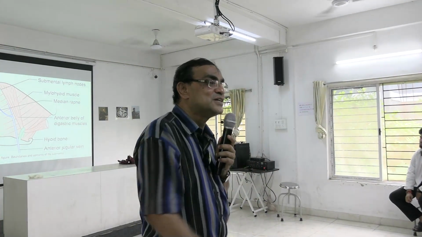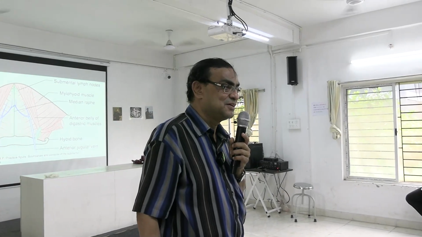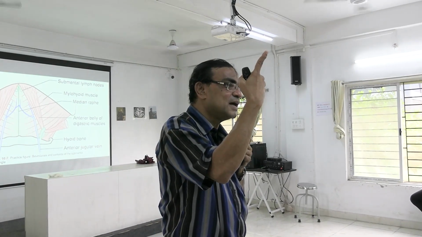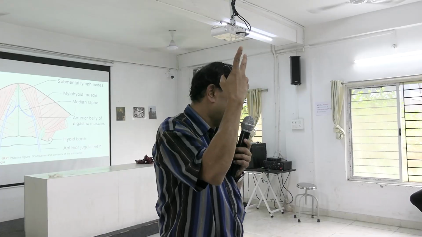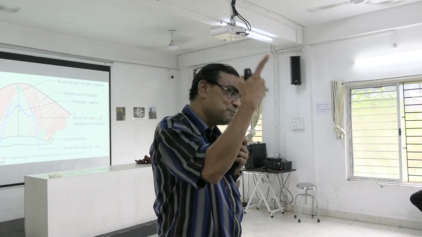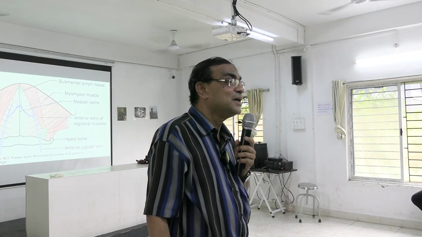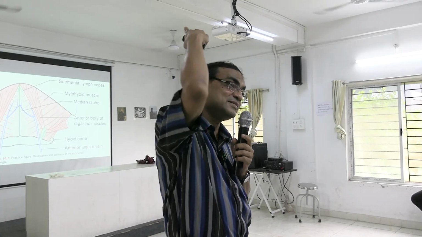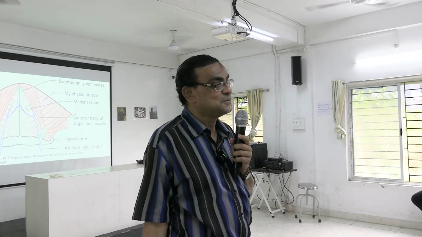Anterior belly and posterior belly of the digastric muscle. Ultimately there is one muscle, so it should be supplied by the same nerve. Tell me whether it is supplied by the same nerve or a different nerve.